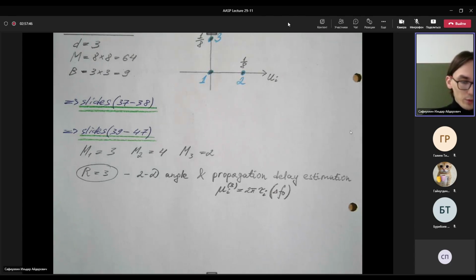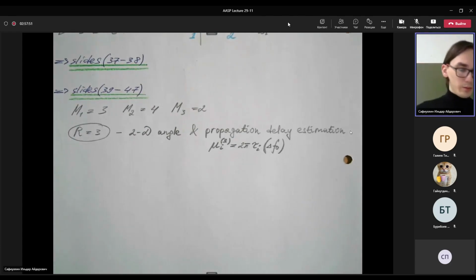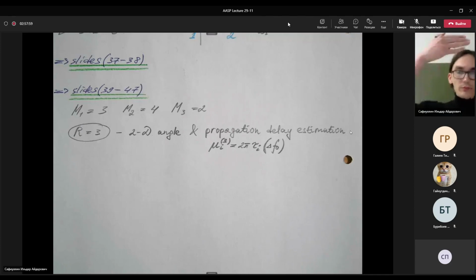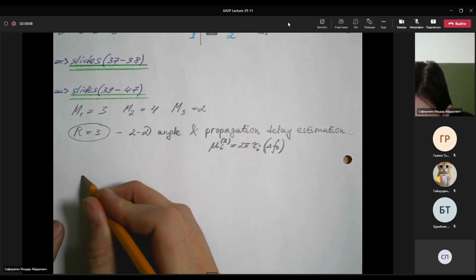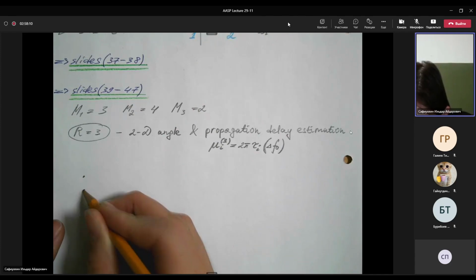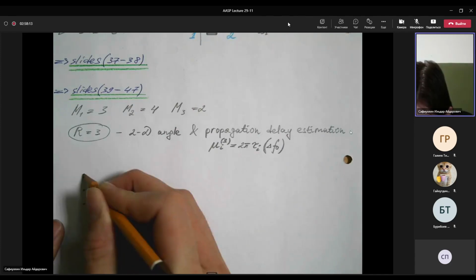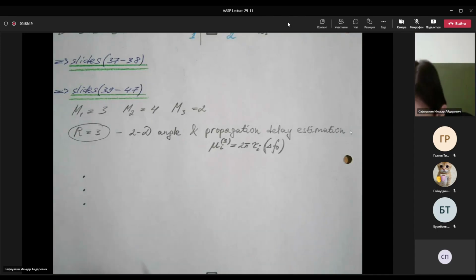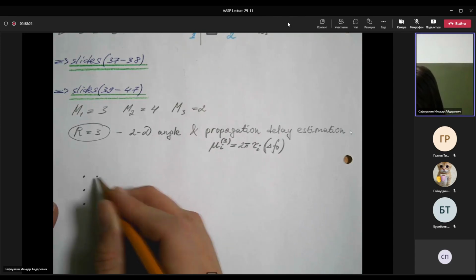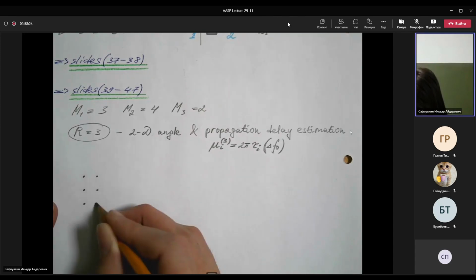So for this, we need to use an antenna array in the following way. First, I will show you the first slice. So it is slice 3 times 4. 3 elements here for the x-axis and 4 elements here.